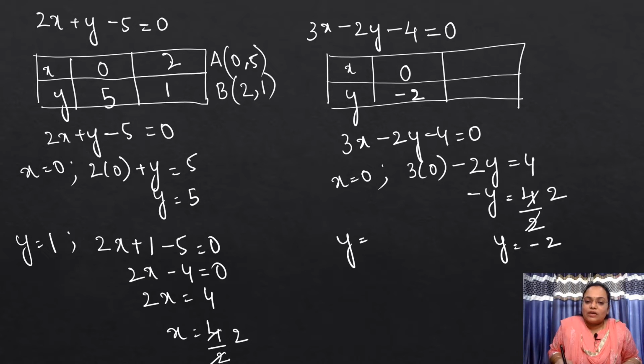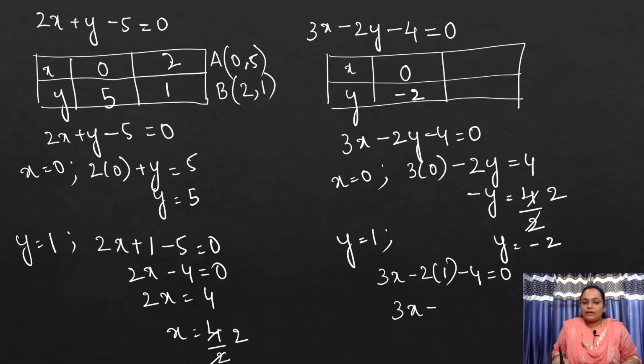If you take y is equal to 0, 2y will be 0, right? This will be x is equal to 4 by 3. You will get a decimal point, so we will try to avoid a decimal point. Let us take y is equal to 1. If y is equal to 1, this will be 3x minus 2 of 1 minus 4 is equal to 0. 3x minus 6, minus 2 and minus 4 is minus 6, is equal to 0.